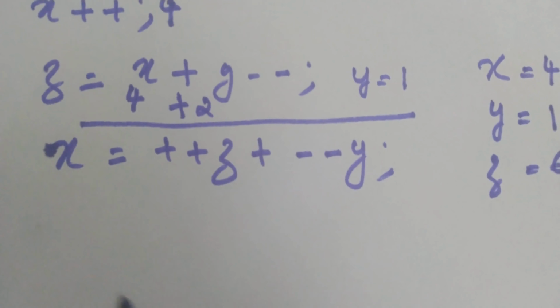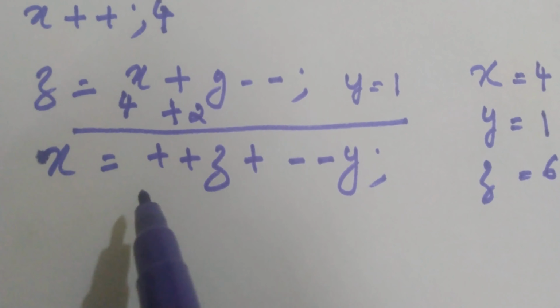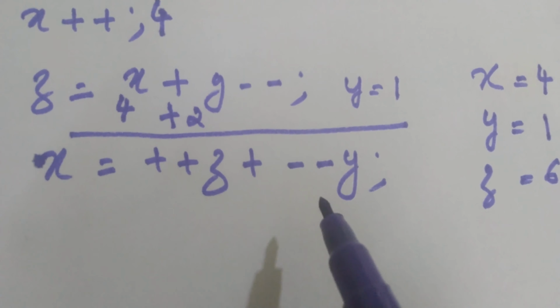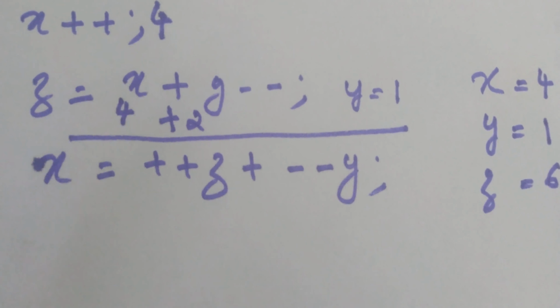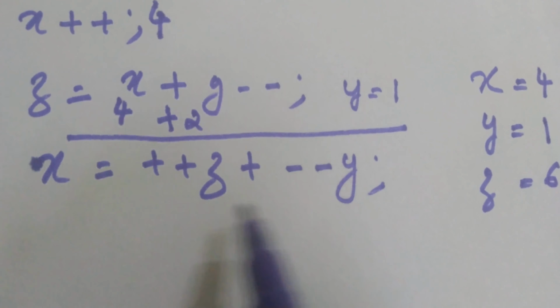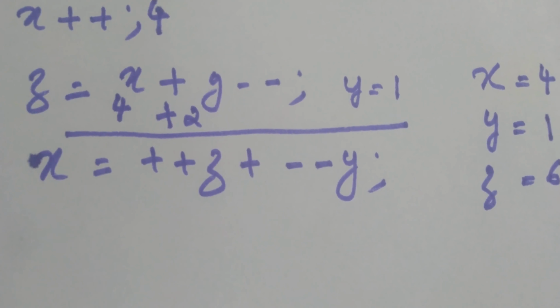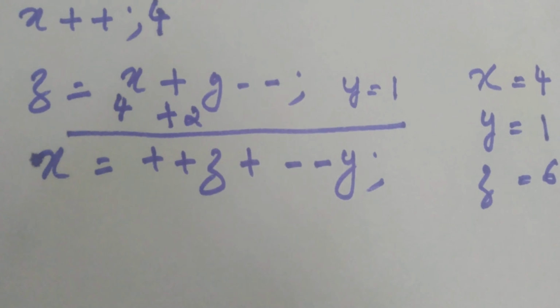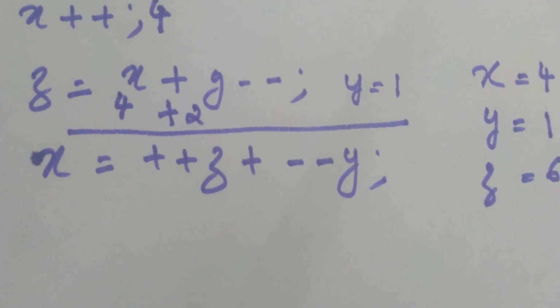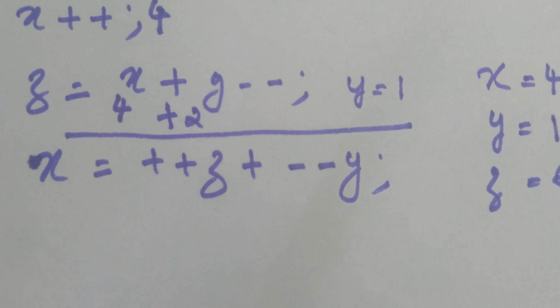Okay. And next is x equal to plus plus z plus minus minus y. Here both the operators are pre-operators, that is pre-increment and pre-decrement. So in the case of pre-increment or pre-decrement operators, what happens?